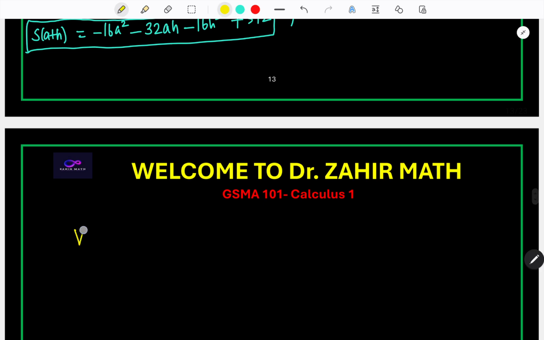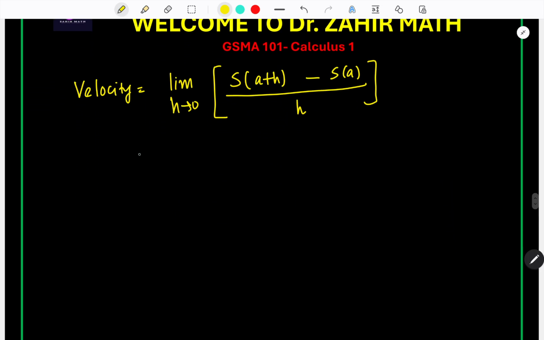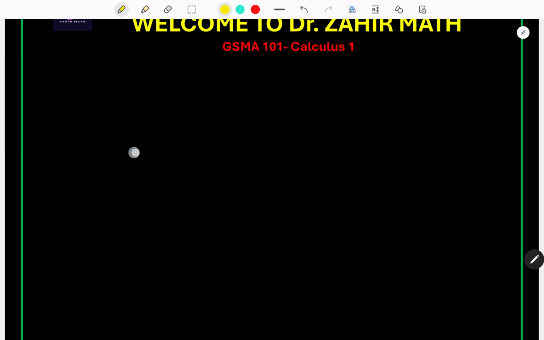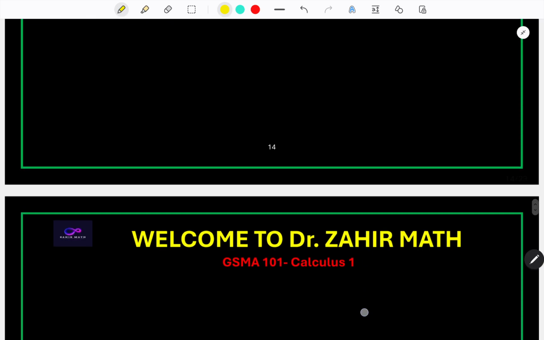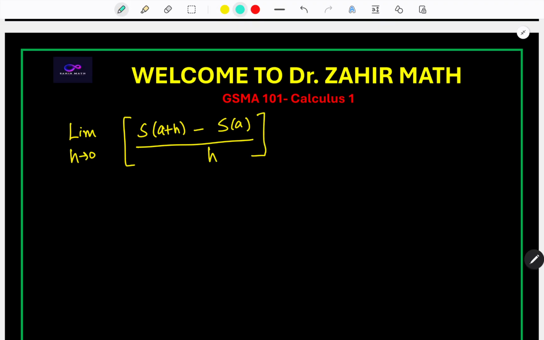Velocity is equal to, I'll use another color, limit h goes to 0, bracket open, s of a plus h minus s of a divided by h. So this equals limit h goes to 0, bracket open.